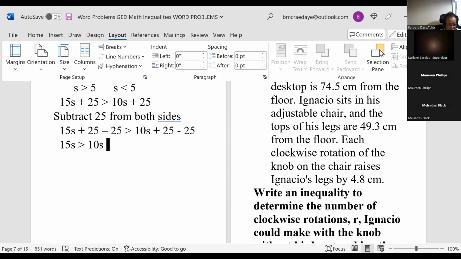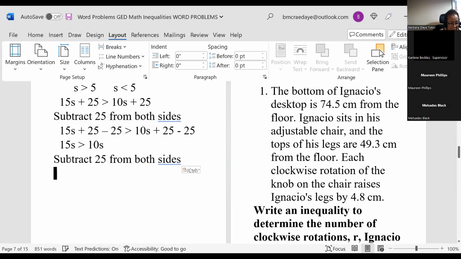So you wouldn't subtract the 15, you'd have to subtract the 10S. Yes, because remember you want S over here on the left. So let's just copy that. Subtract 10S from both sides.